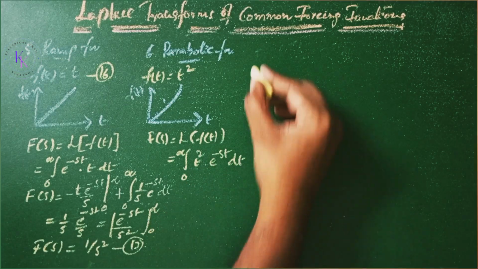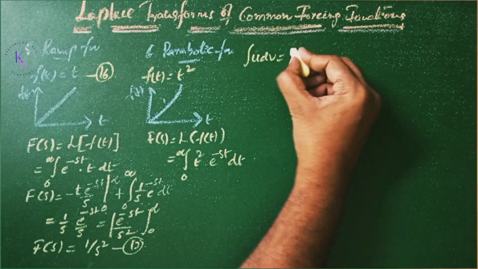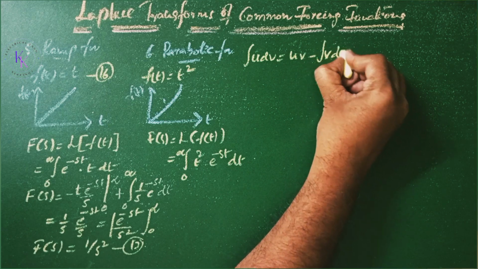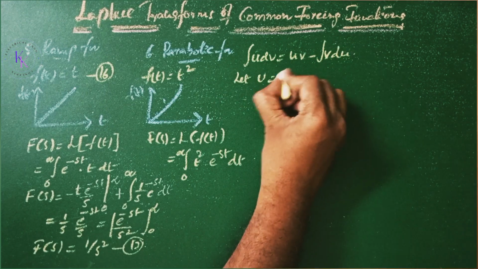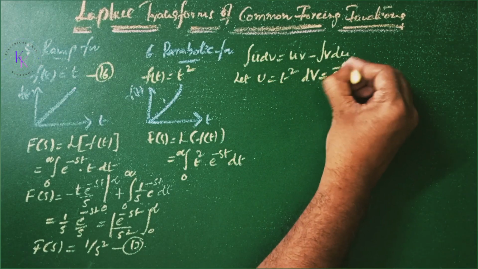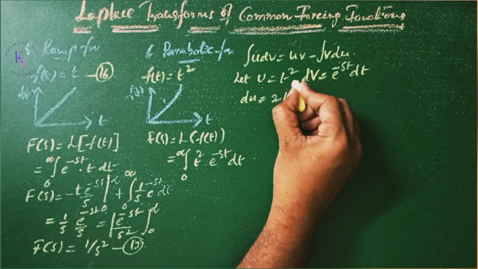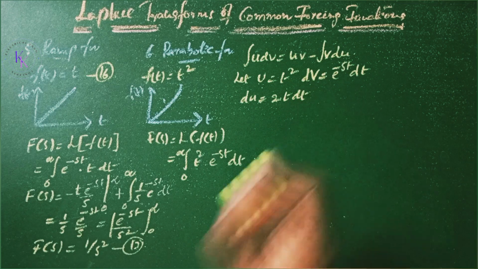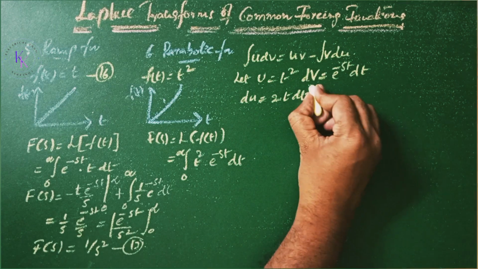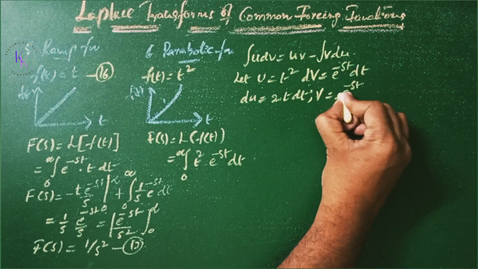This can be solved by using the formula that the integral of u dv equals uv minus the integral of v du. Let us assume u equals t square and dv equals e power minus st dt. Then du equals 2 times t to the power of 2 minus 1 dt. Integrating this, you will be getting v equals e power minus st by s of minus.